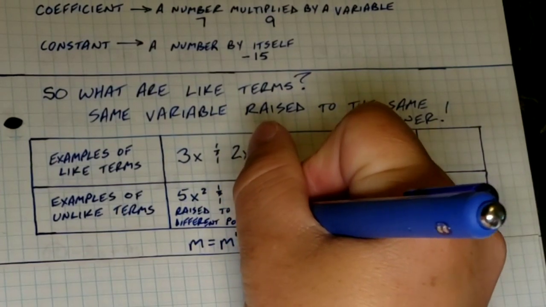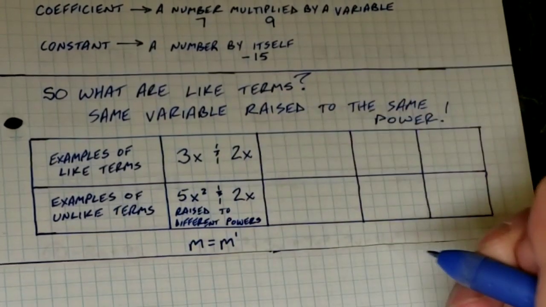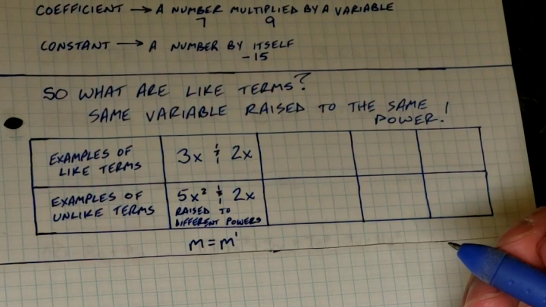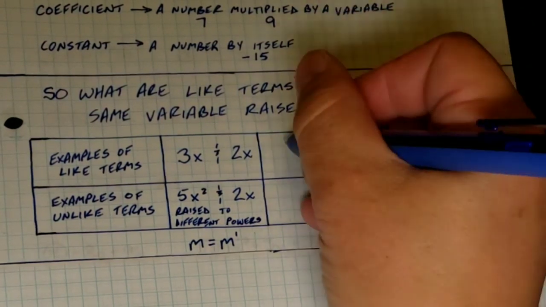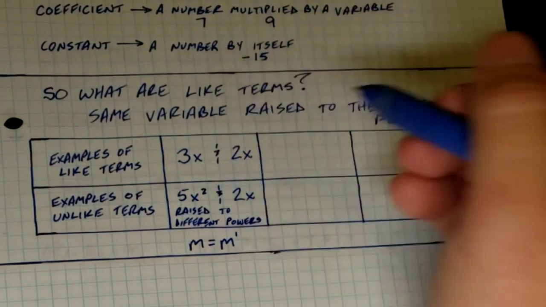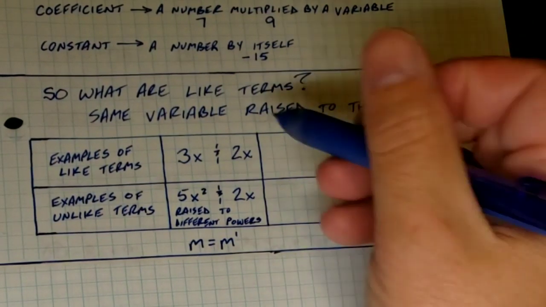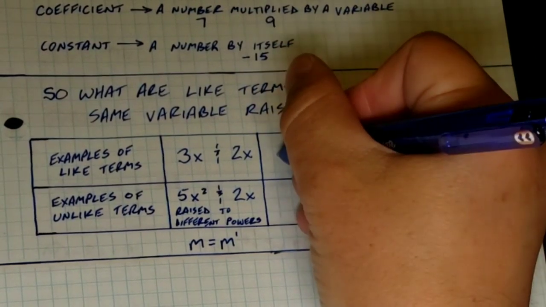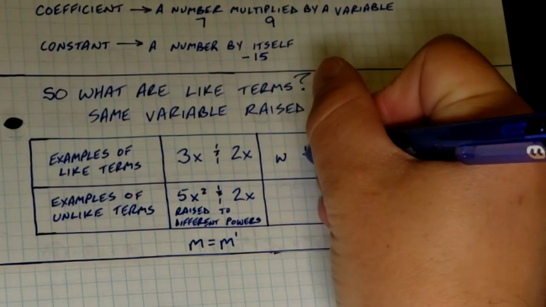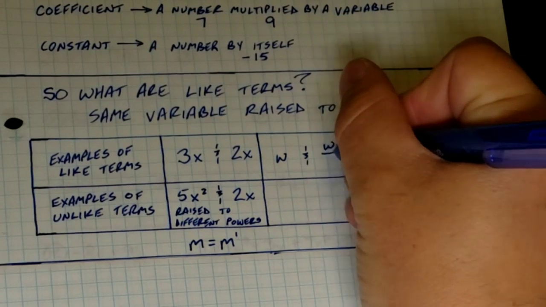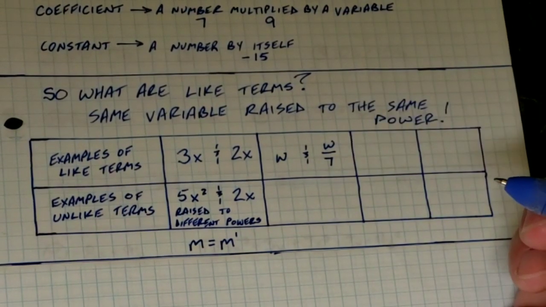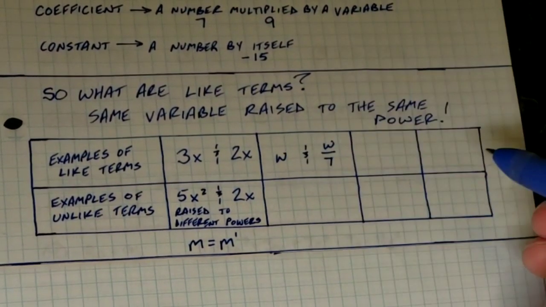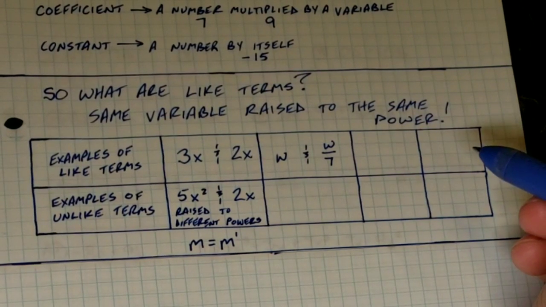They're the same variable, but they're raised to different powers. So those are not like terms. Now notice that the coefficient doesn't have to be the same. The 3 and the 2 are not the same, but those are still like terms. What about w and w divided by 7? Well, those are like terms because they have the same variable raised to the same power.